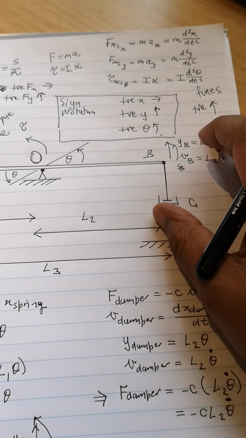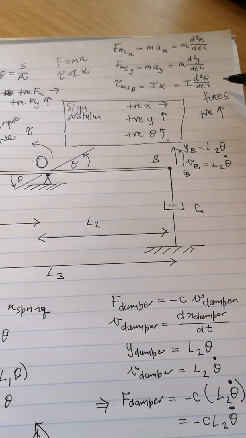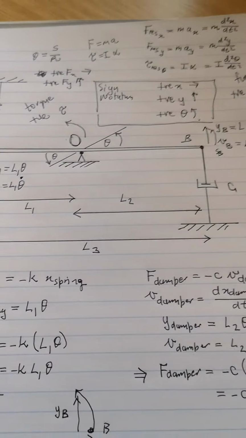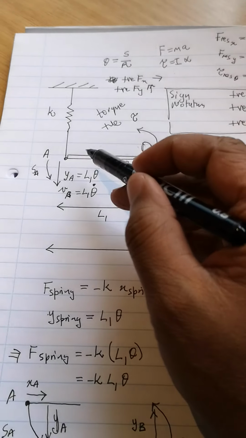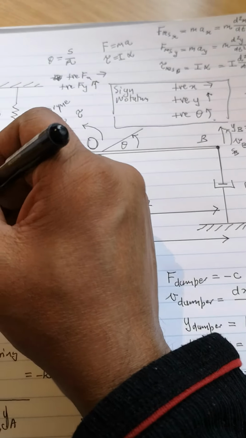So positive forces in this side of the rod, if the force is positive, the torque would be positive in an anti-clockwise direction. And on the left hand side of the pivot, point O, positive forces would be downwards.